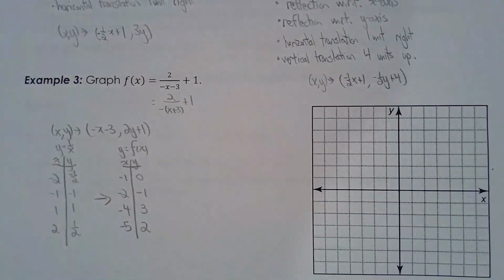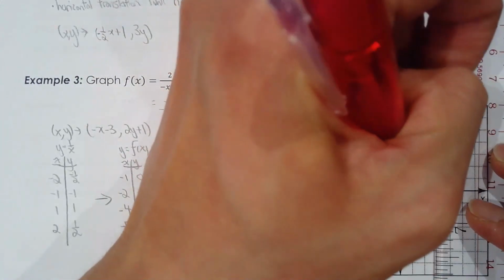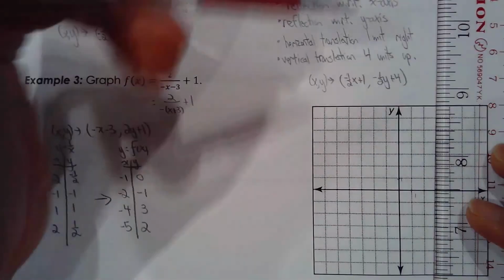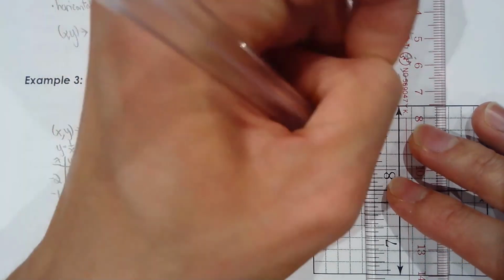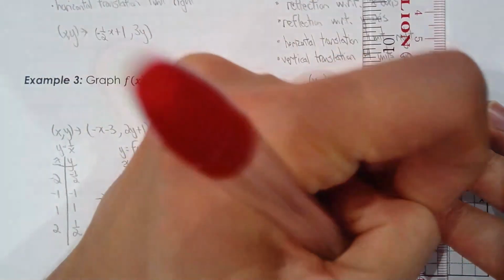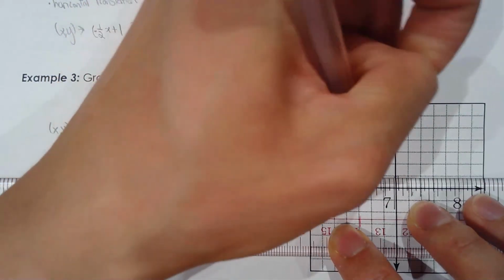So first things first, let's sketch in the asymptote. 3 left, 1 up. So it's now located at x equals minus 3 and y equals 1. Sketching in the asymptotes is always a good idea because it gives you a guideline for the rest of the graph.